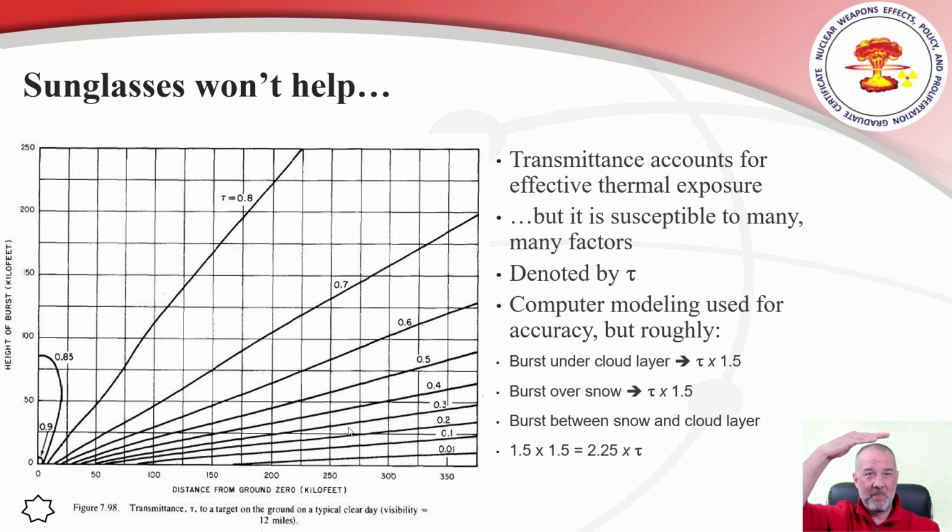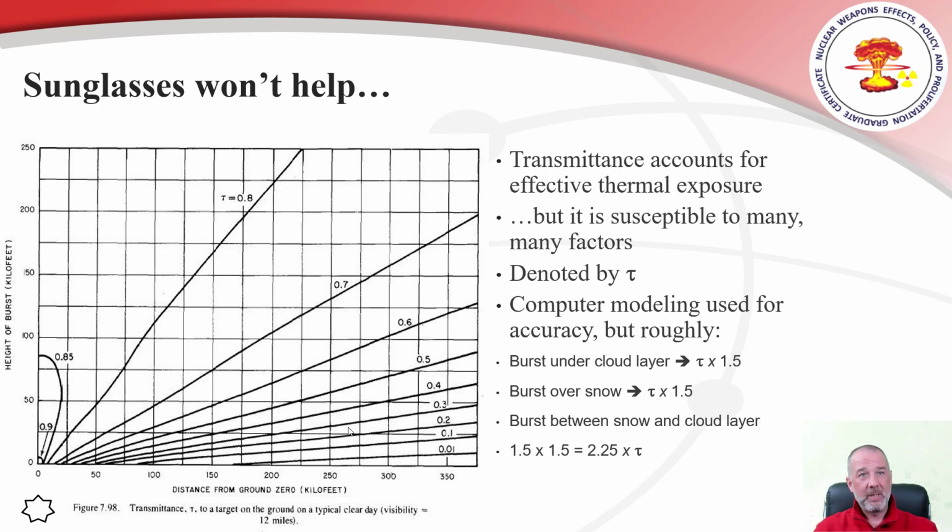Now you get this big, thick, heavy water vapor. And what this is going to do is provide a huge amount of scattering back down towards the ground. So when we talk about transmittance, if there's a heavy cloud cover and the burst is below it, then you have to basically multiply your transmittance by a factor of 1.5.